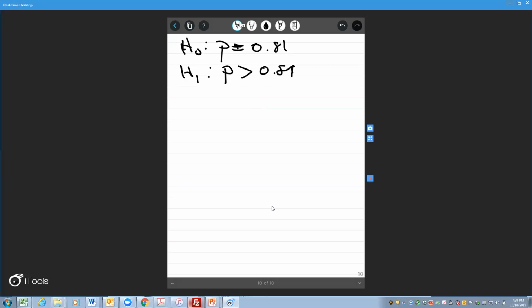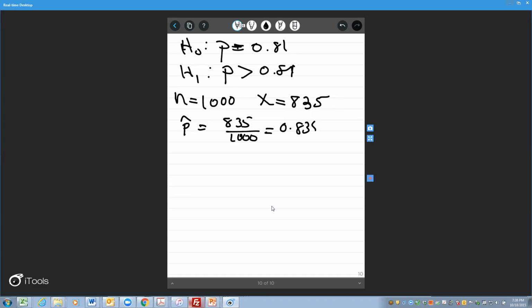We've sampled, let's just make it easy, 1,000 people, and the number with the characteristic is 835. Then p hat would be 835 over 1,000, which is 0.835.